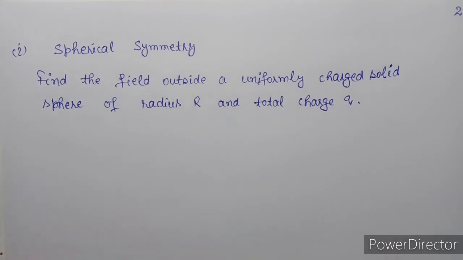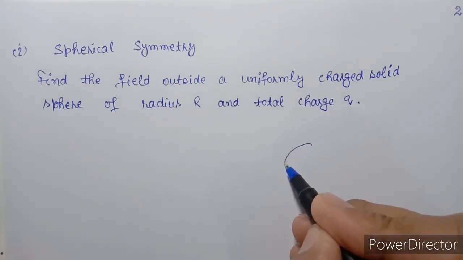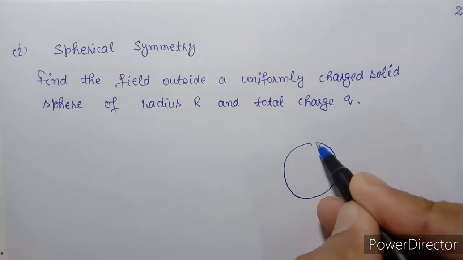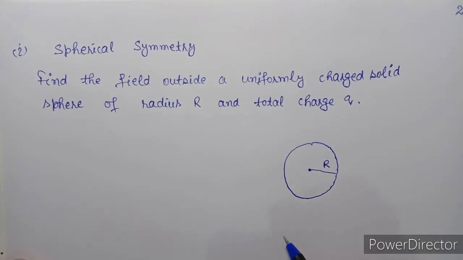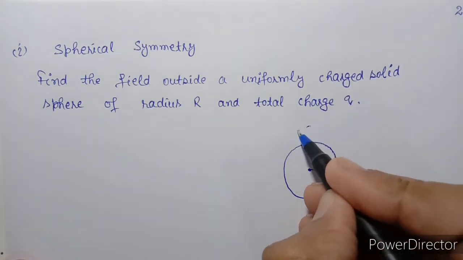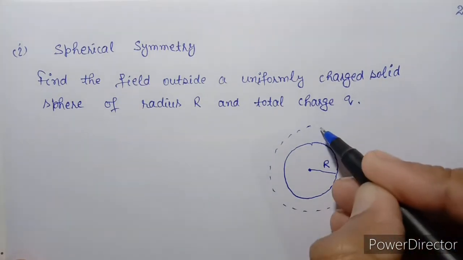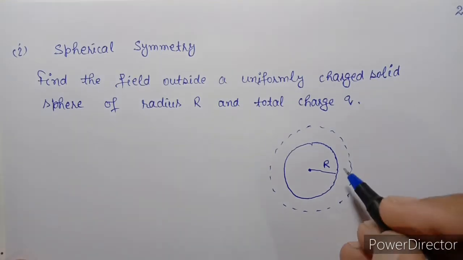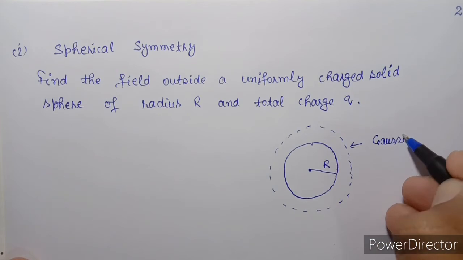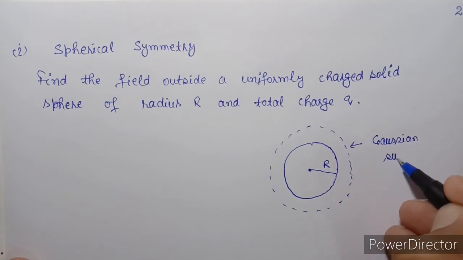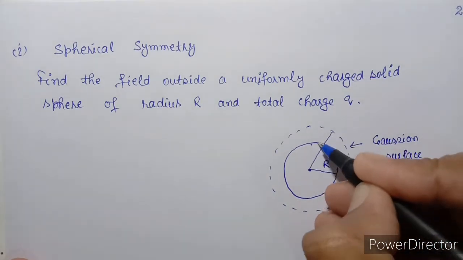Now according to the problem, suppose here we have a sphere of radius R, and from the symmetry point of view, here we have a Gaussian surface, and suppose its radius is small r.